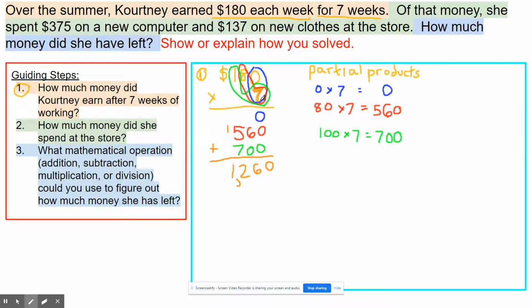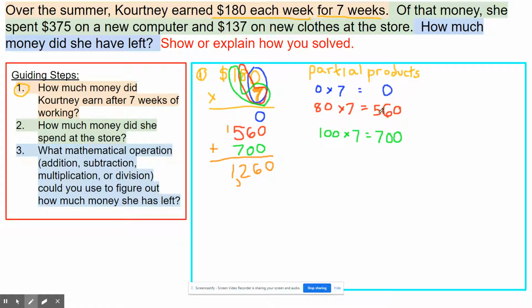Now, next step is to multiply my 7 by 80. 80, because 8 is in my tens place, which means that's 8 tens, which is the same thing as 80 ones. And so I multiply 80, or 8 tens, by 7 to get a product of 560, right?